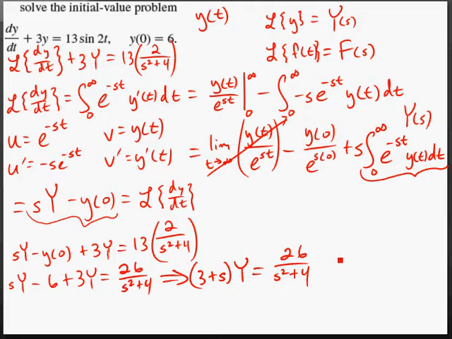And now, once again, the algebra continues, and I can say that this Y of s function is going to be equal to 26 over s squared plus 4 plus 6, and this whole thing is going to be divided by 3 plus s.